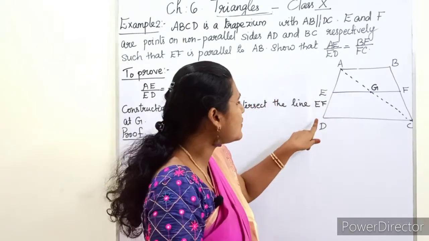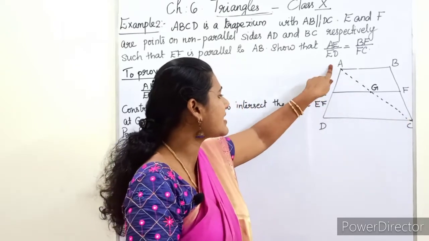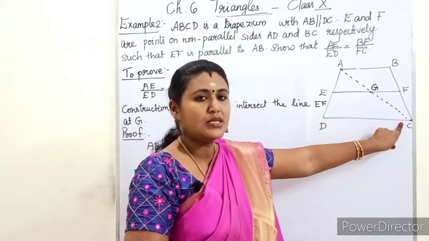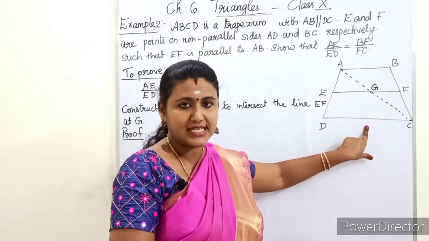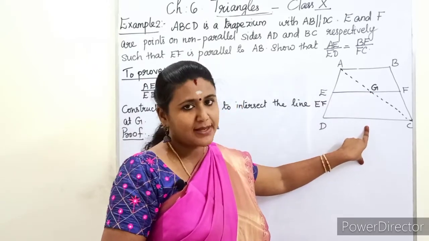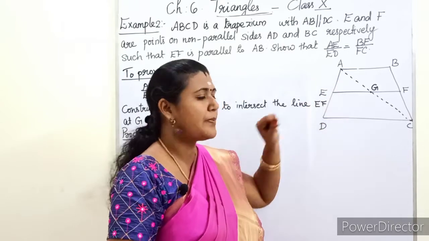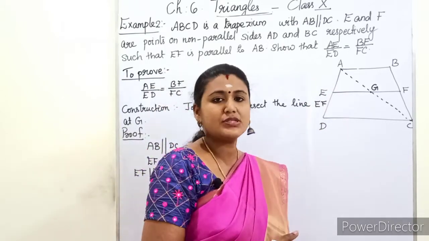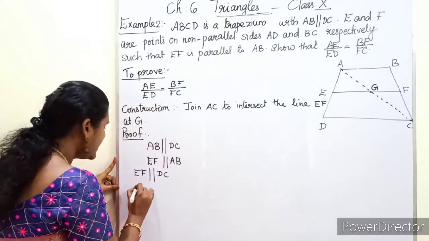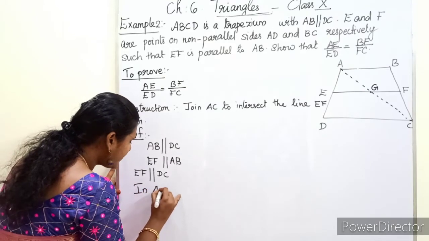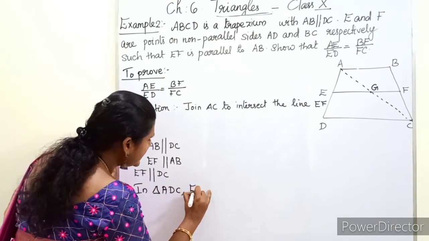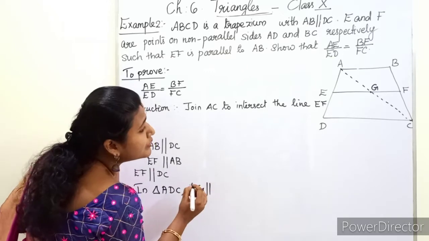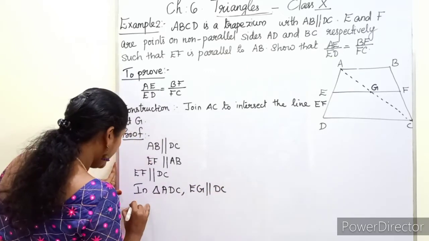So now we are going to consider this triangle ADC. In this triangle we have EG parallel to DC, so we can use the basic proportionality theorem. Since we got the parallel condition, we can use the basic proportionality theorem. So in triangle ADC, EG is parallel to DC.